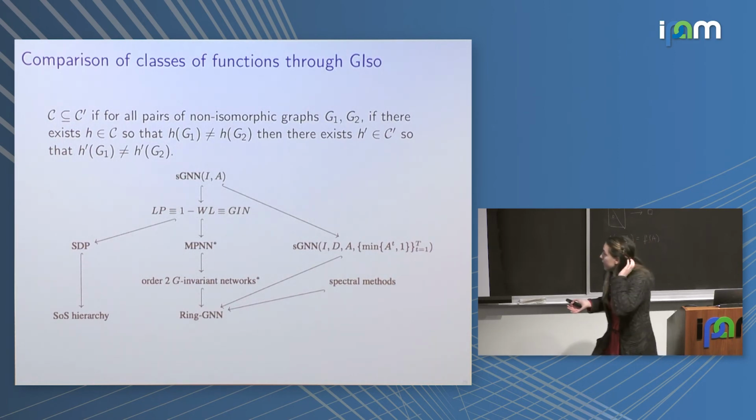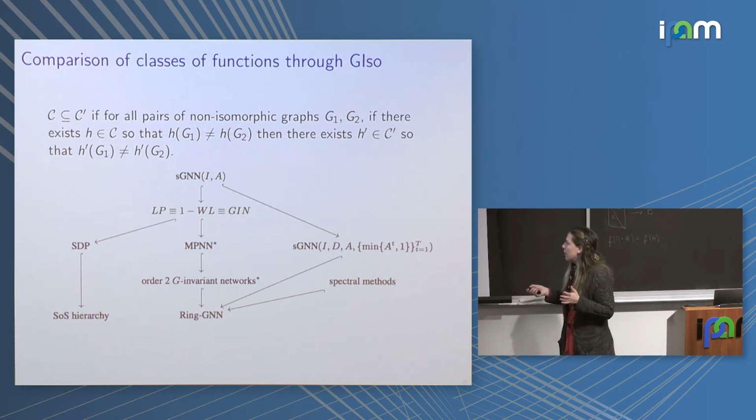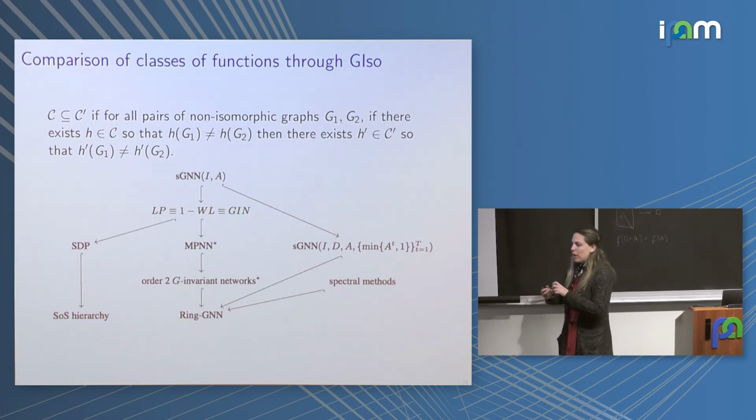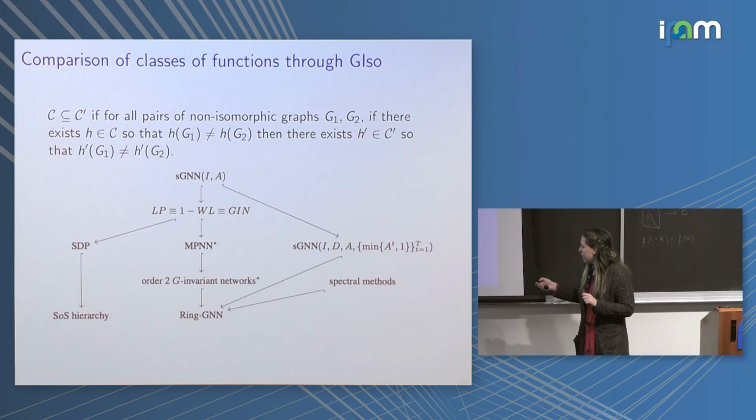And that's something that we did. So if you have the spectral GNN that we had at the beginning, then the more operators that you add to your space, the operators that are combined, the more expressive you are. In particular, adding these power graphs that we had here makes it very expressive, because you can construct examples of graphs that cannot be distinguished without them, but once you add these power graphs, you can distinguish them.